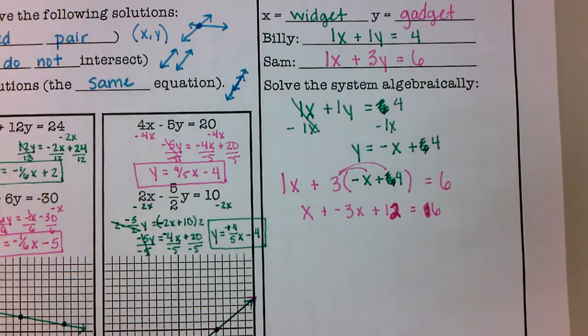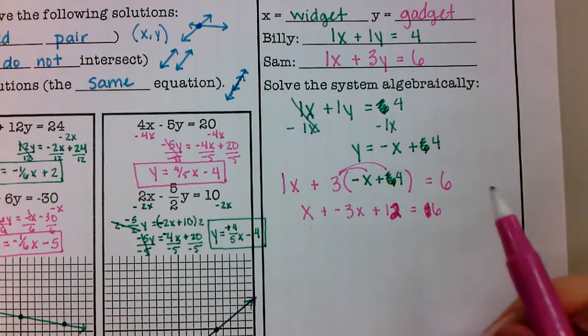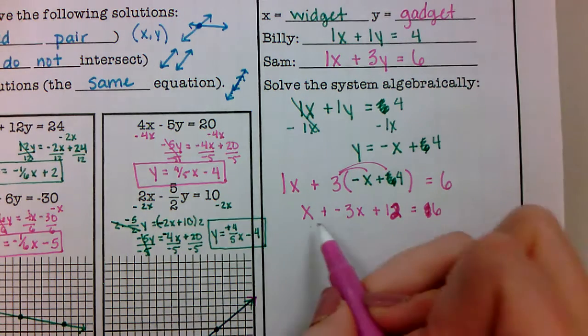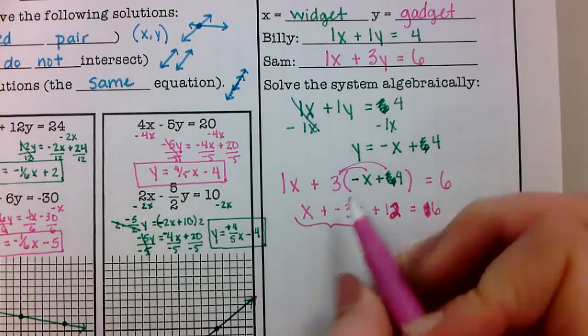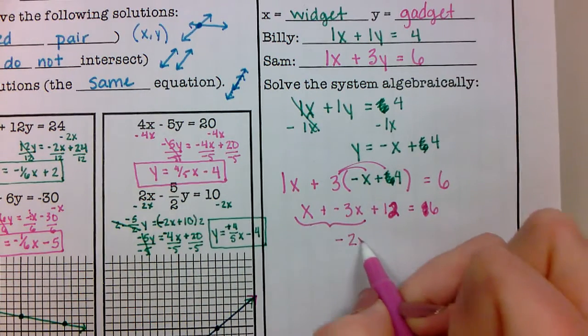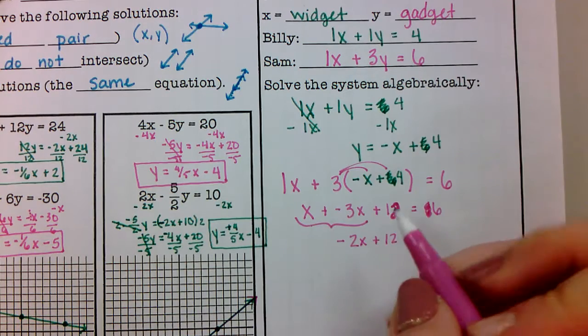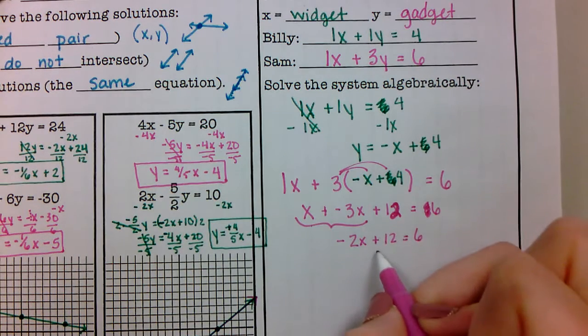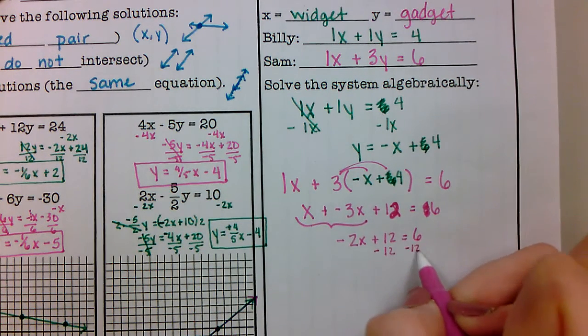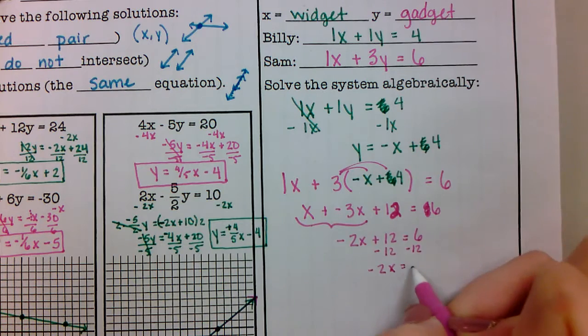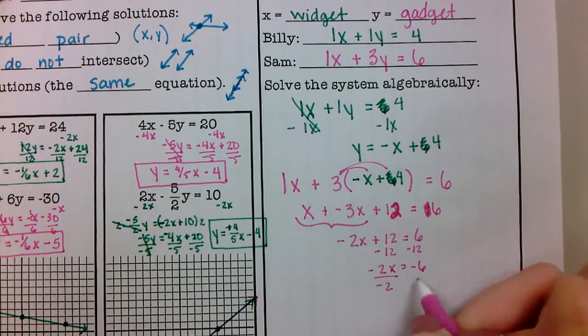Where did I get 16? Oh, goodness. And then we can combine these because they're like terms. So that actually gives us negative 2x plus 12 equals 6. And then move this 12. So we have negative 2x equals negative 6. And divide the negative 2 away.